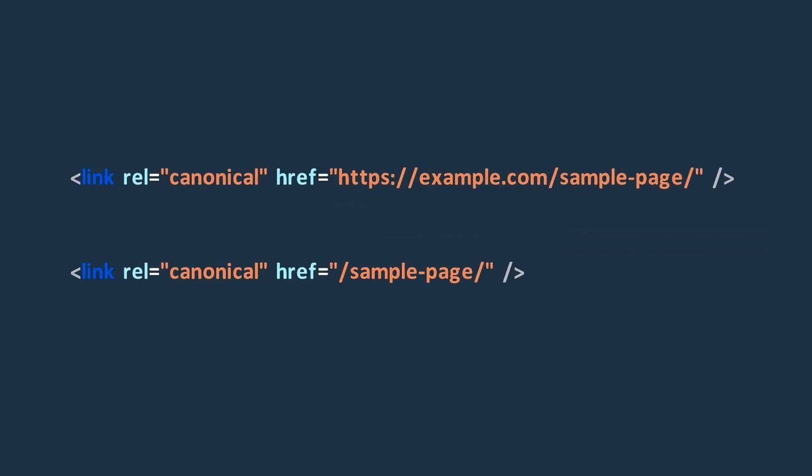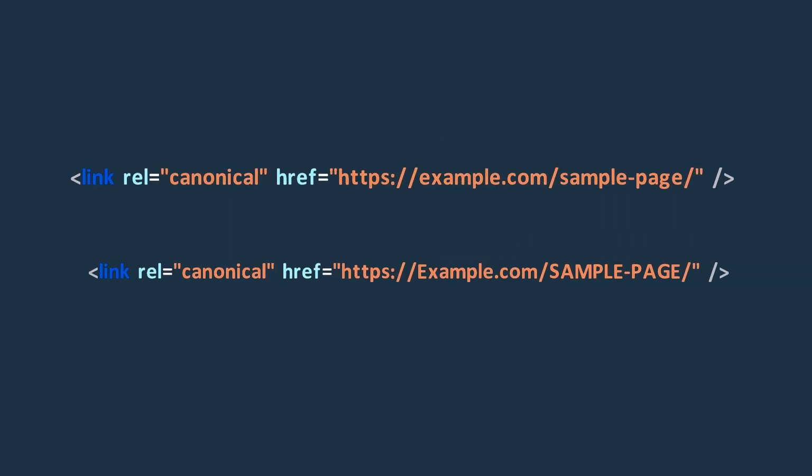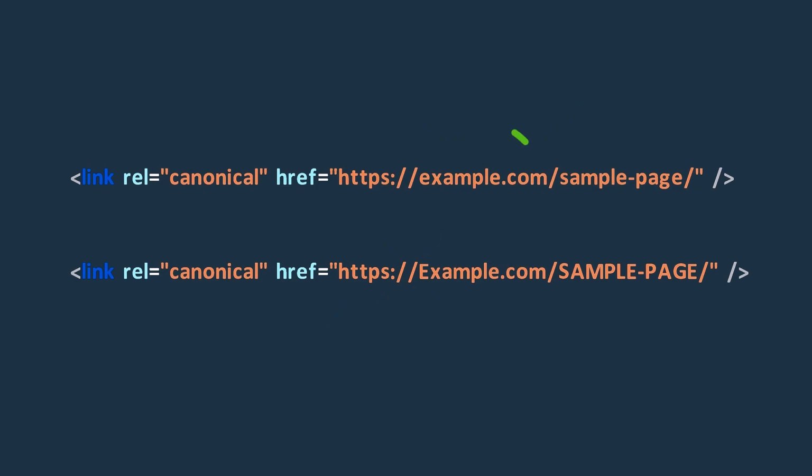Implementing canonicals is easy. There are 5 important rules to remember. Rule number 1. Always use absolute URLs instead of relative paths. Here's the recommended structure, and avoid using this structure. Rule number 2. Use lowercase URLs to prevent Google from treating uppercase and lowercase URLs as different.